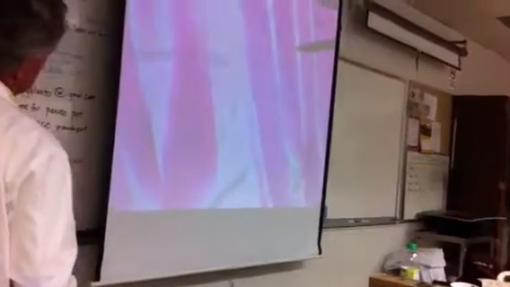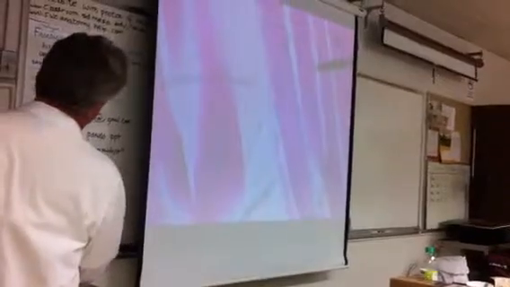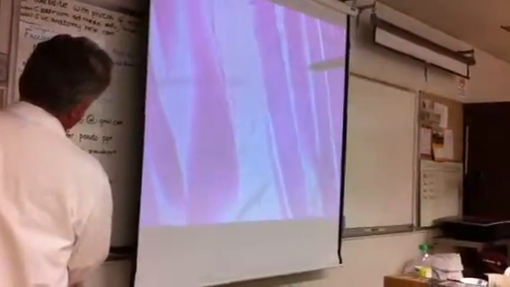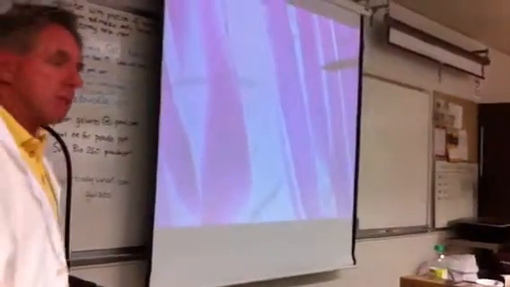So that's the characteristic we're looking for in skeletal muscle, the striations, and of course they're the result of the organization of the sarcomere, the actin, the myosin, thick and thin filaments. On this slide you can see it pretty well. We just change the magnification a little bit. Lighten it up. There you go. So that's skeletal muscle, striated fibers, and that makes it skeletal.